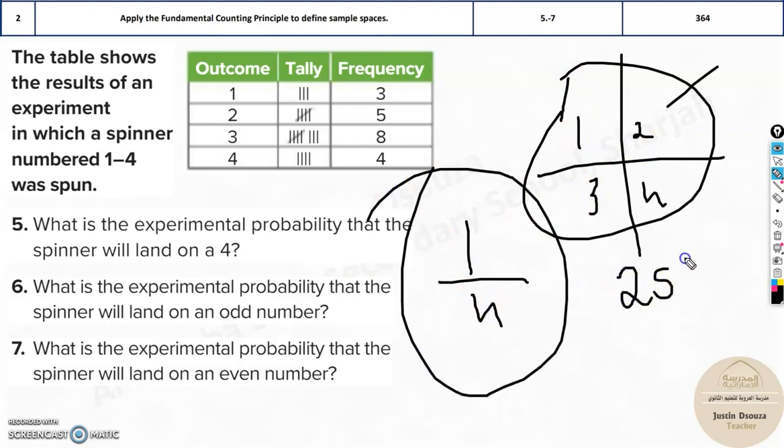That is 25%. But in reality, it doesn't work like that. It varies. But if you increase the number of tries, see how many times they have tried over here. 3 plus 5, 8, 8, 16, 20. Only 20 times they have spun the spinner. Whereas if you have done this, say 100 times, 1000 times, if you increase it more than 1000, all the values will correspond towards 25%.